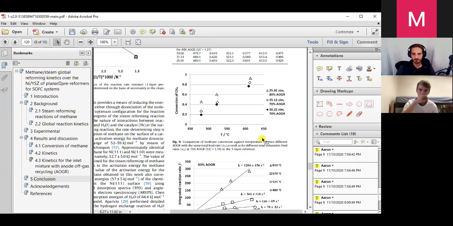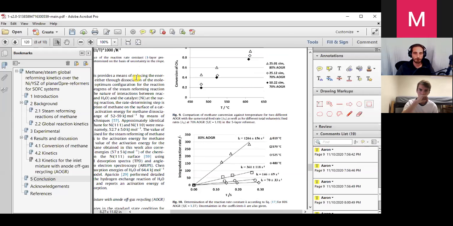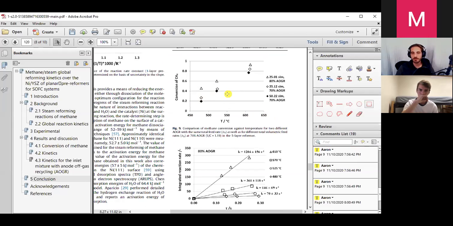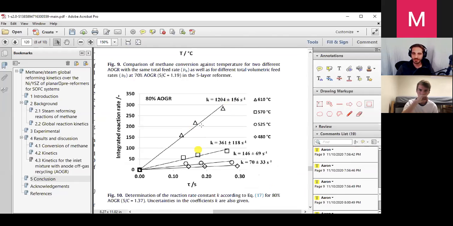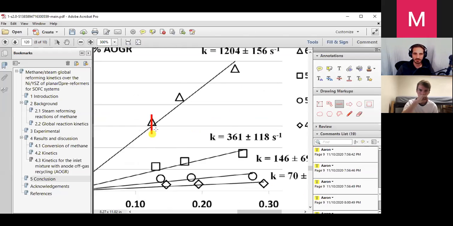So would that make this paper less credible? Yeah, that one hurts here because they know about it, right? If you look down here, they know they're supposed to put error on stuff. Okay. So they've put the error on the slope, but they didn't put the error on the actual data points, right? And so if these error bars look like this, then I probably believe that slope, right?